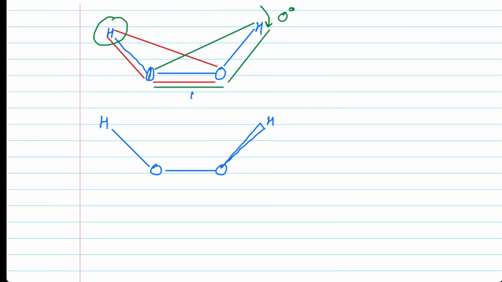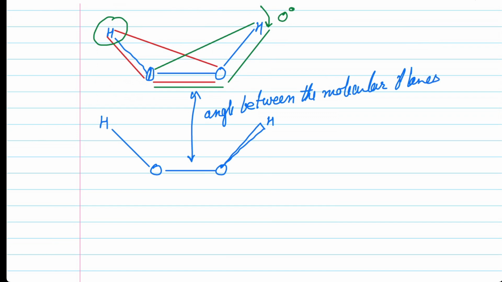Now this structure and this structure will differ from each other in the angle between the molecular planes, or we can simply say that they differ from each other in the dihedral angle.